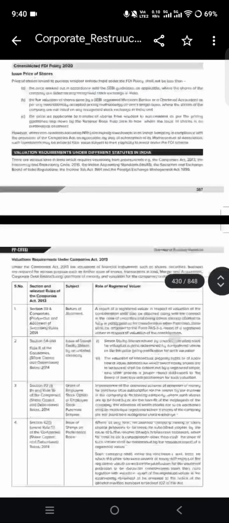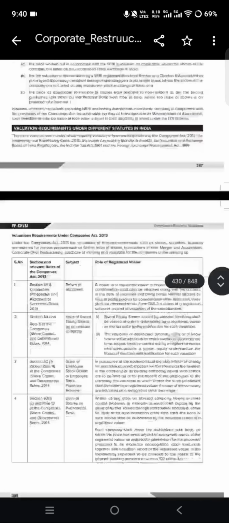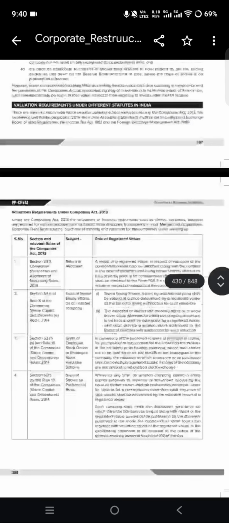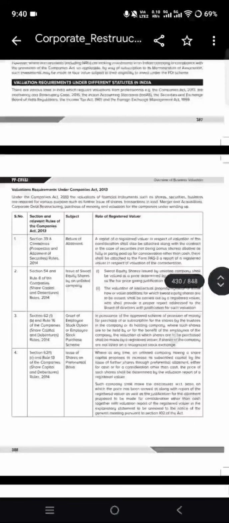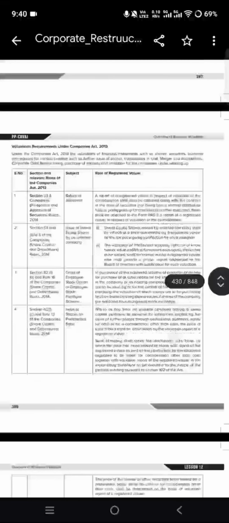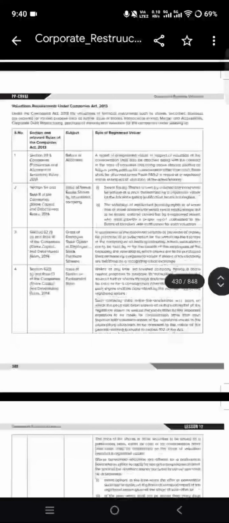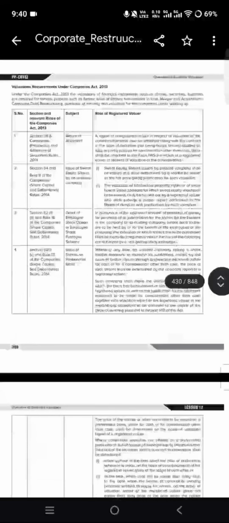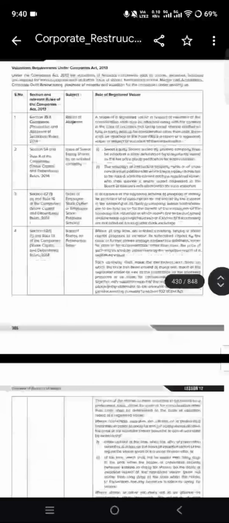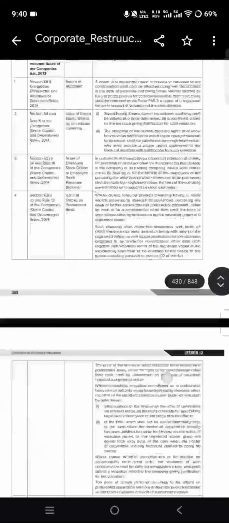So, depending on 90 trading days and 10 trading days, provided that if AOA of the issuer provide for a method of determination which results in a floor price higher than the determined under this regulation, then the same shall be considered as a floor price for the equity shares to be allotted for preferential issue. Means now according to A and B we got the 100, and according to the AOA they are saying 105.